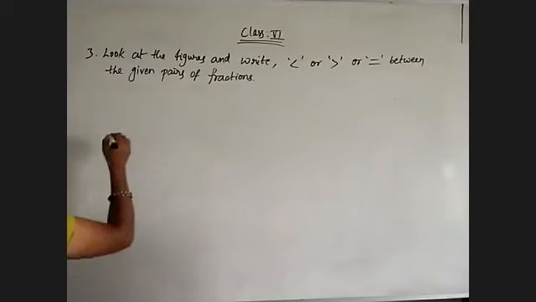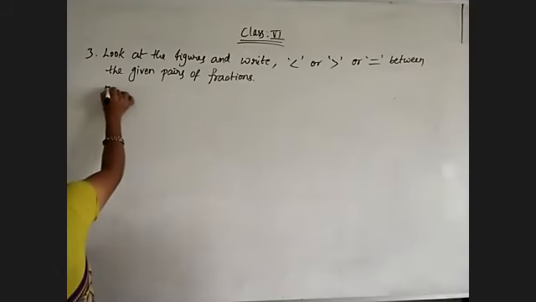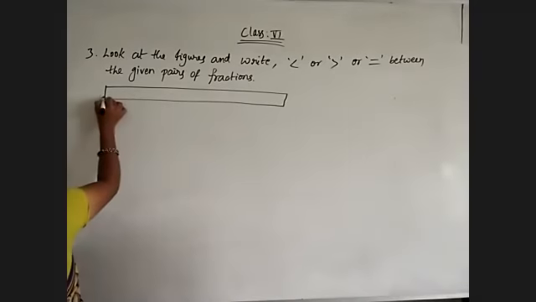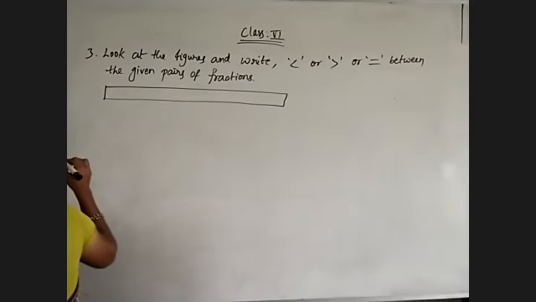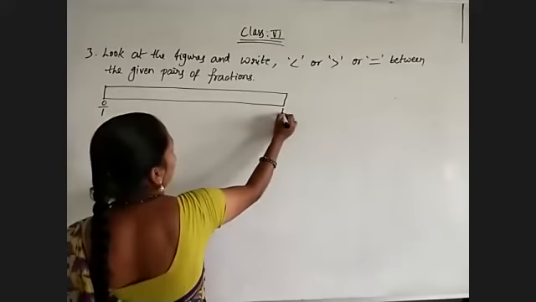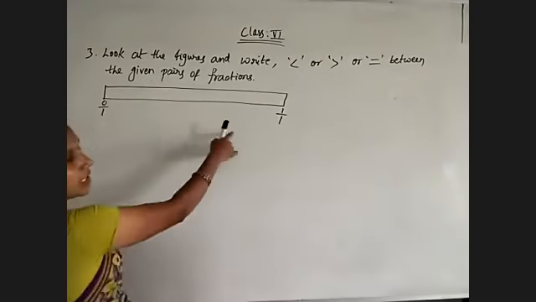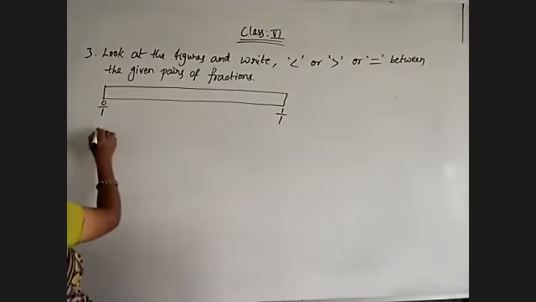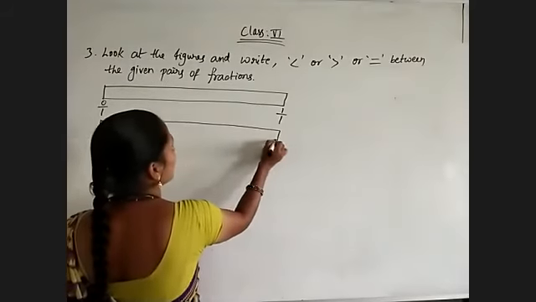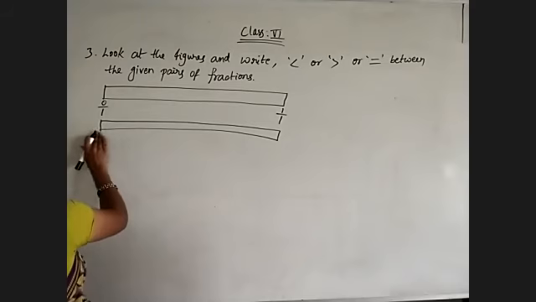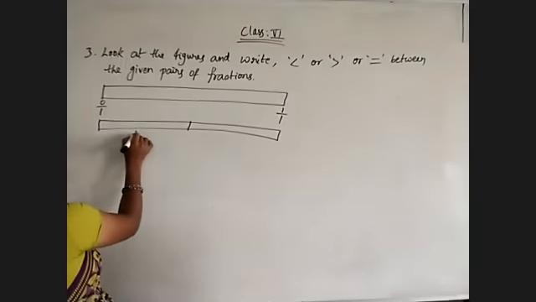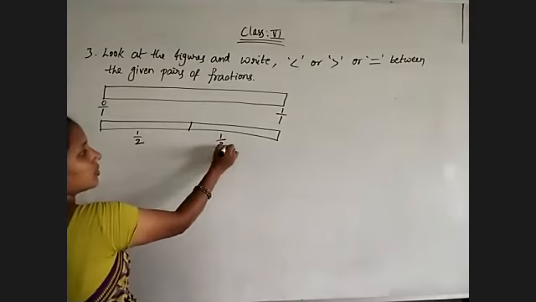Here the figures are given like this. 0 by 1, 1 by 1 means it is divided into only one part, one whole given. Same whole in the second figure is divided into 1 by 2, 1 by 2.